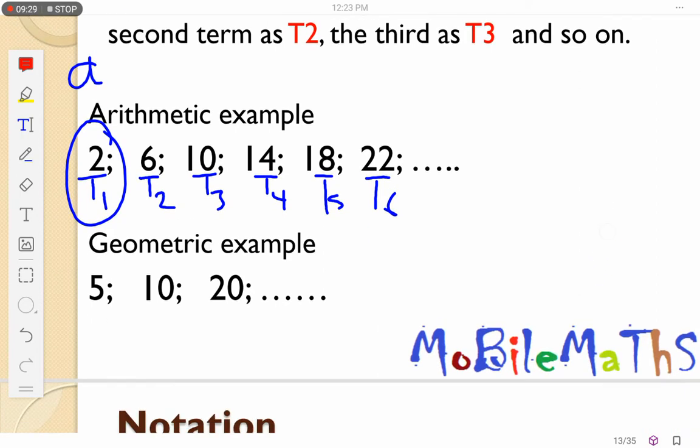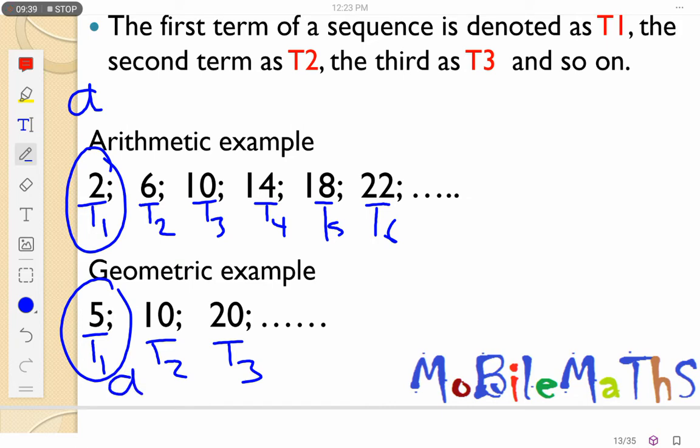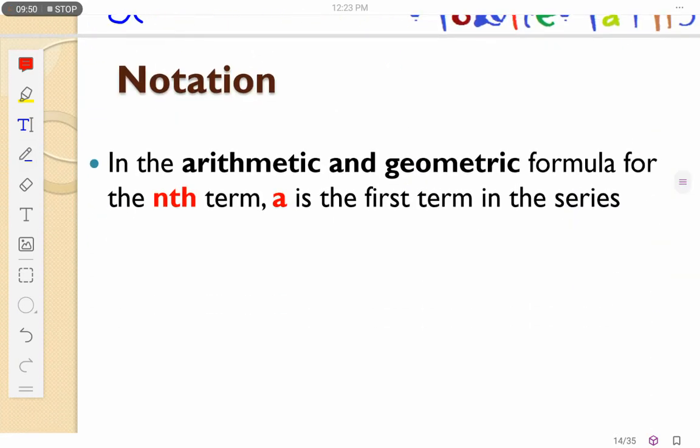For the geometric, we have got this one, T1, T2, T3. And this one also is our A, first term. So in other words, first term can be written as T1 or can be written as A, depending on the question. Let's move on.